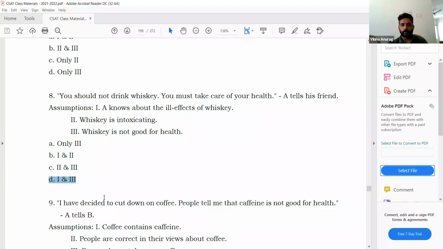Is it clear? It's 1 and 3. Okay. 1 and 3.